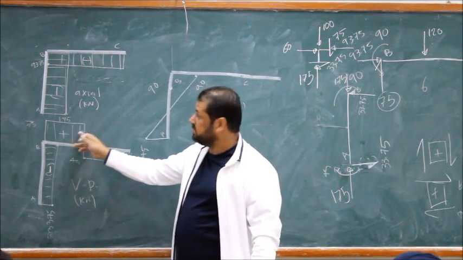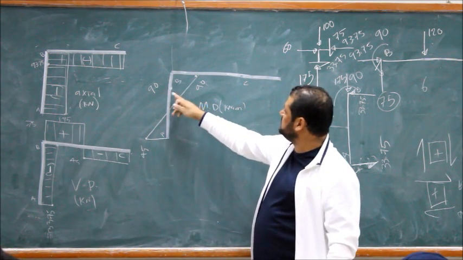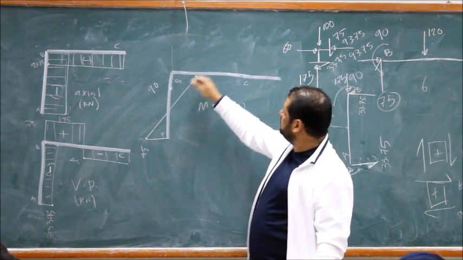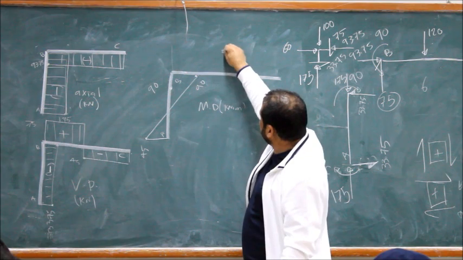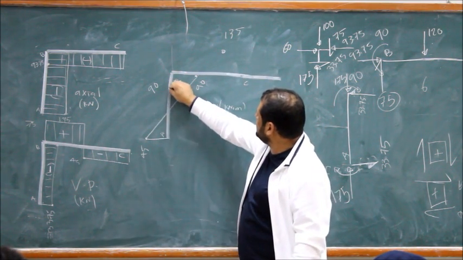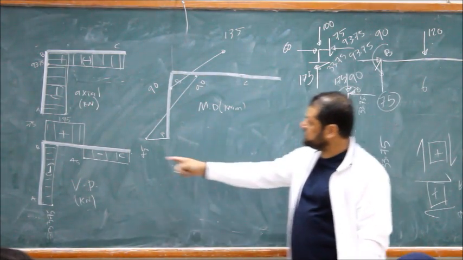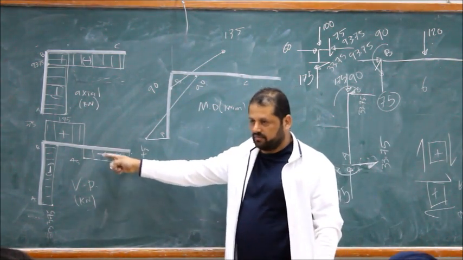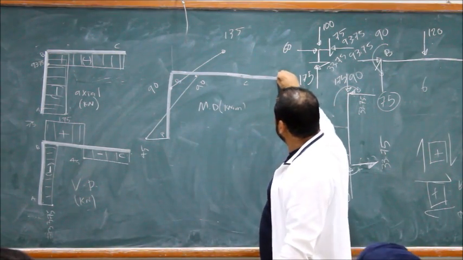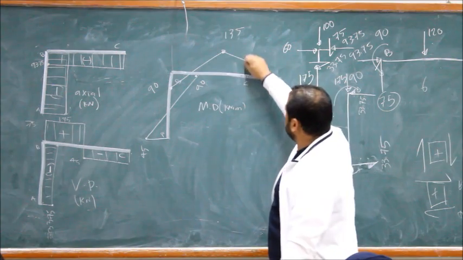Positive. What's the area? 225, right? 225 minus 90. You go here, 135. And this is constant, so this is linear. Then this should be minus 135. 45 times 3, you go to 0. So that's your moment there.